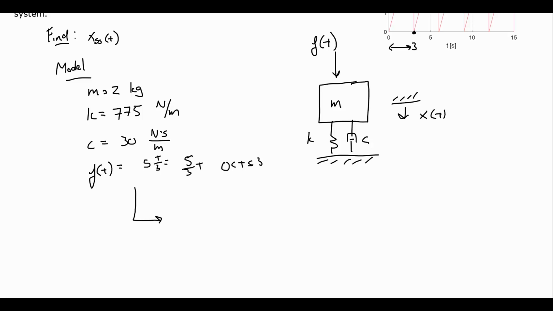But the results of that were that we already found that the a naught term was 5 for this, an was 0, and all the bn was negative 5 over n pi. So this is again coming out from the Fourier series expansion.